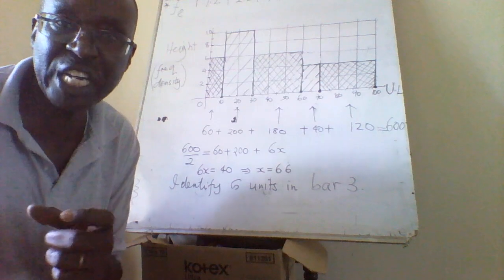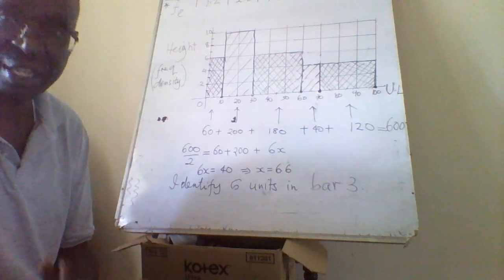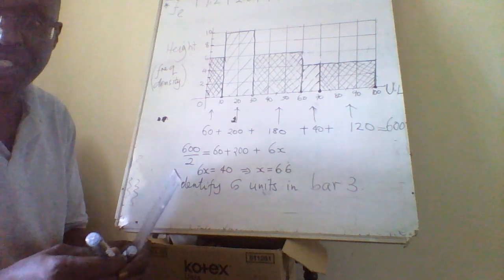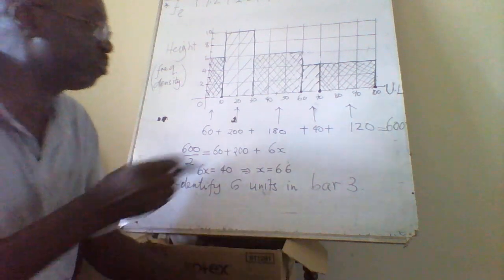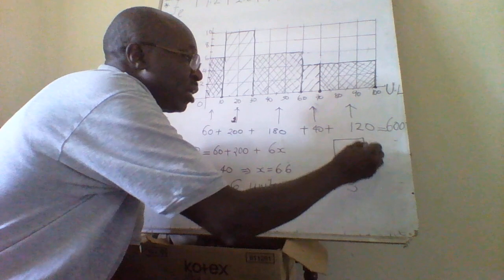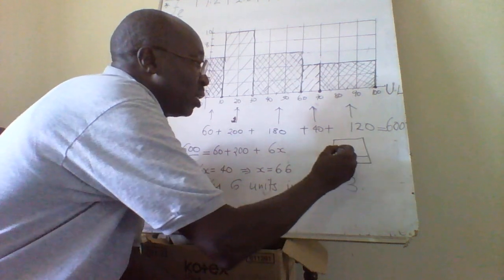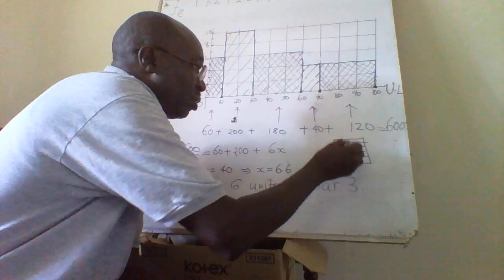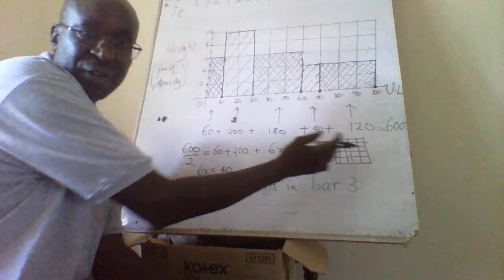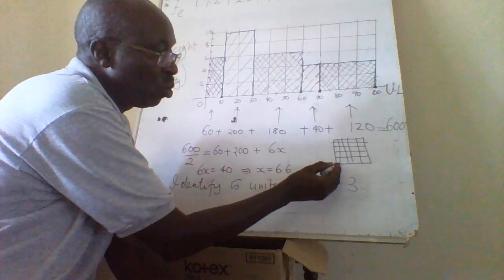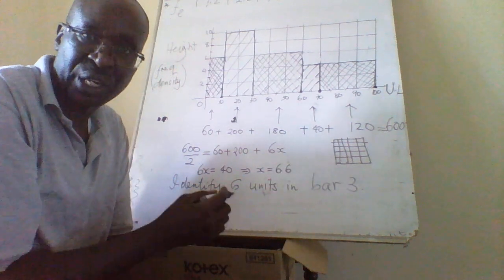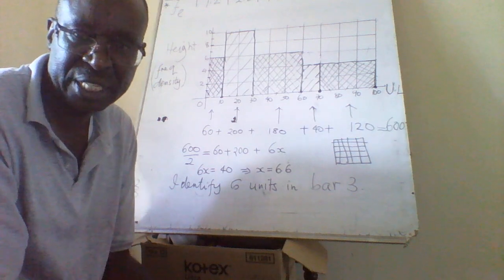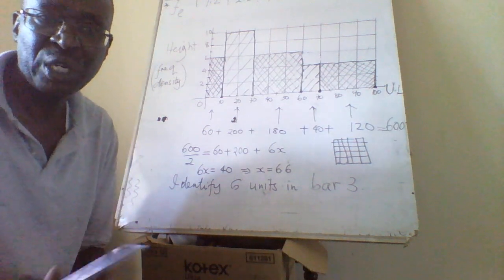So if you are using a graph paper, maybe something like this, you have a box like that with 1, 2, 3, 4, 5. Then 1, 2, 3. You should be able to know 6 units is represented by how many sticks. That is what you do.